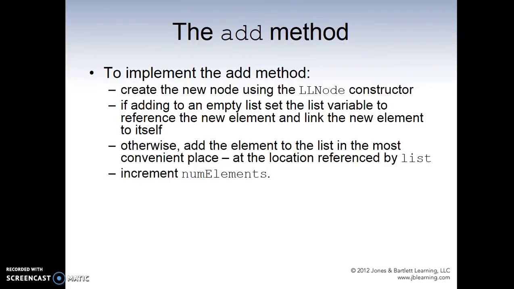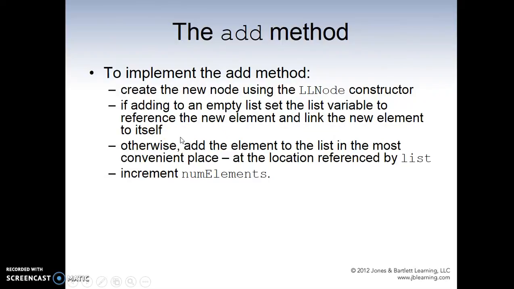Add. How do we implement the add? Same concept, right? Create a new node first. And if adding to an empty list, set the list variable to reference the new element, and link the new element to itself. Because this is a circular list, right?